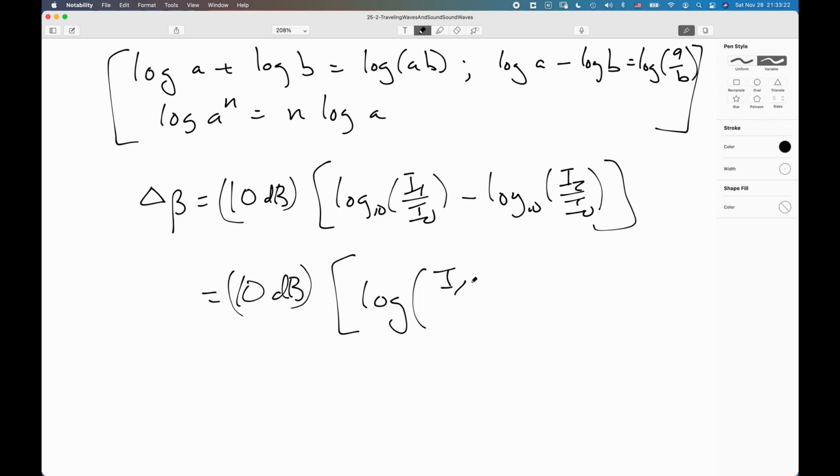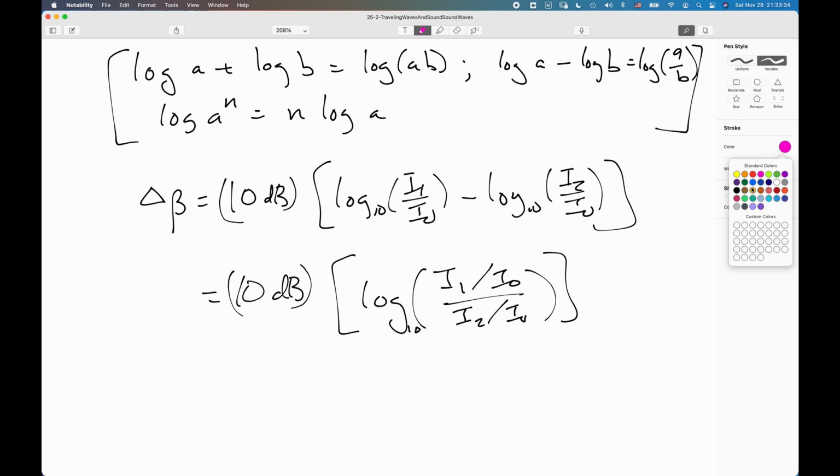So this will be I1 over I naught divided by I2 over I naught. And, thankful for small favors, the over I naughts cancel, so at least we have that. You might say that doesn't sound too useful, but it's a step in the right direction.